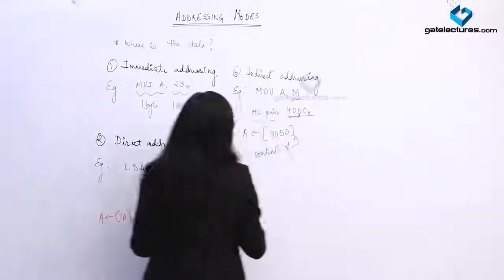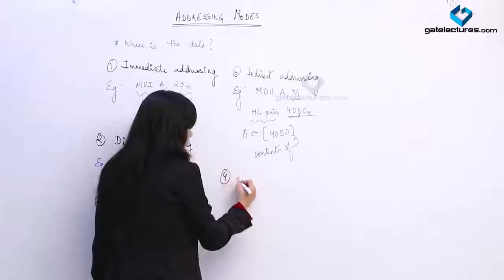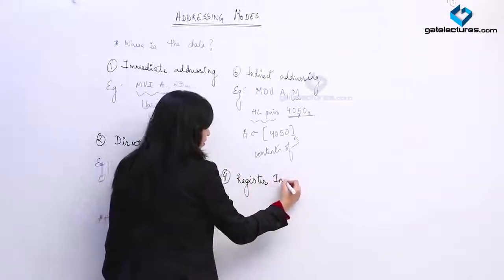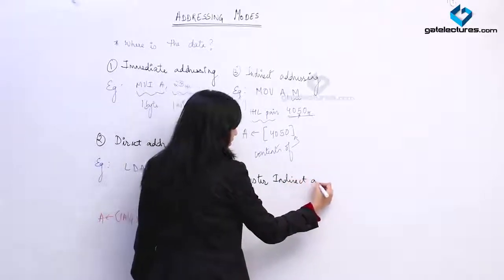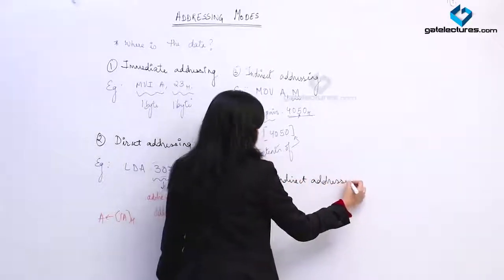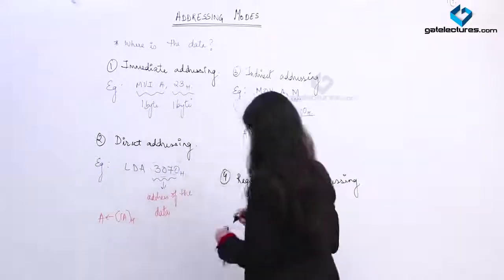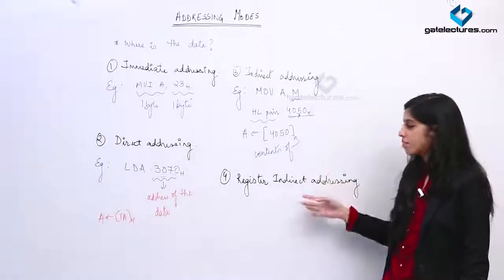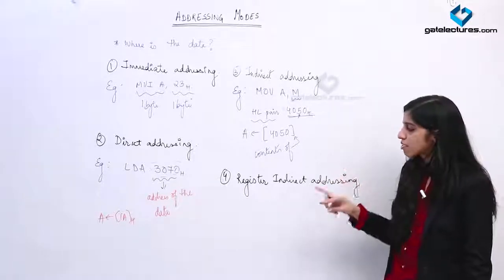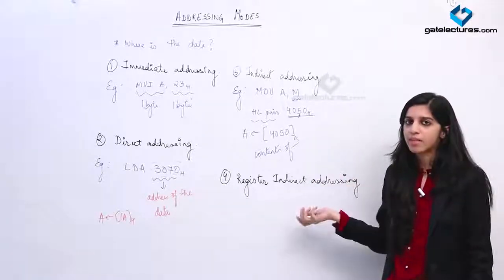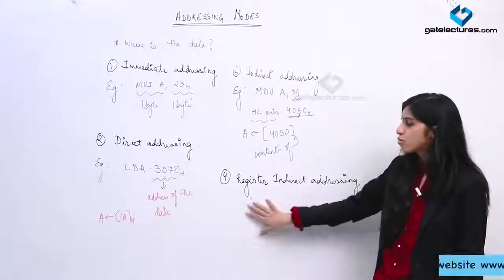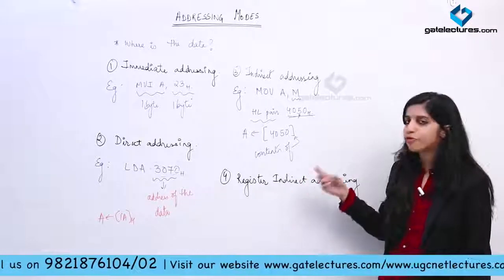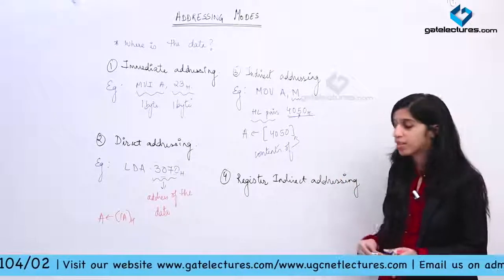Then there is one more addressing mode, register addressing. Here we are not going to access the memory. The source and the destination both lie in the microprocessor only. There is a source register and a destination register. You pick up the data from one of the registers and move it to another register.